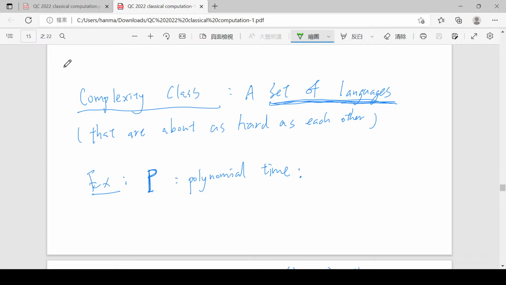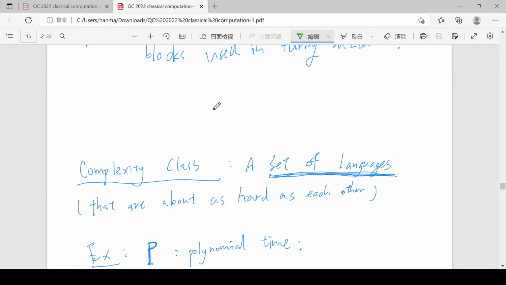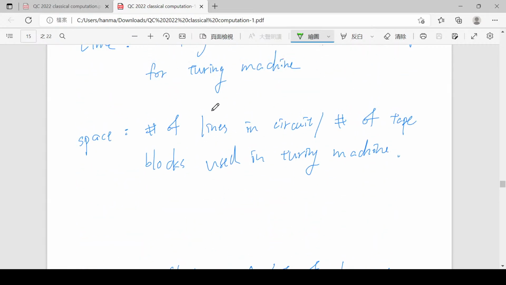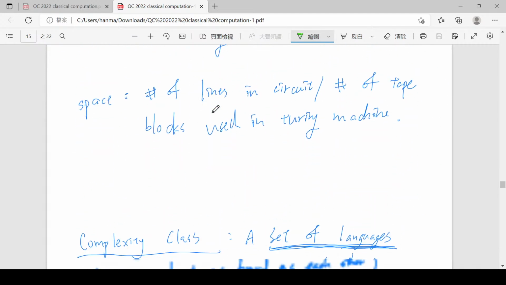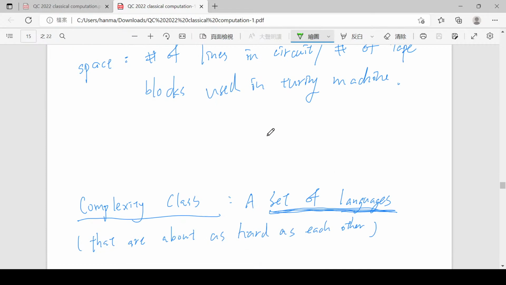Some of the reason we introduce complexity classes is that it's hard to compute the exact complexity for some problems, so we just give a rough grouping of problems into complexity classes.